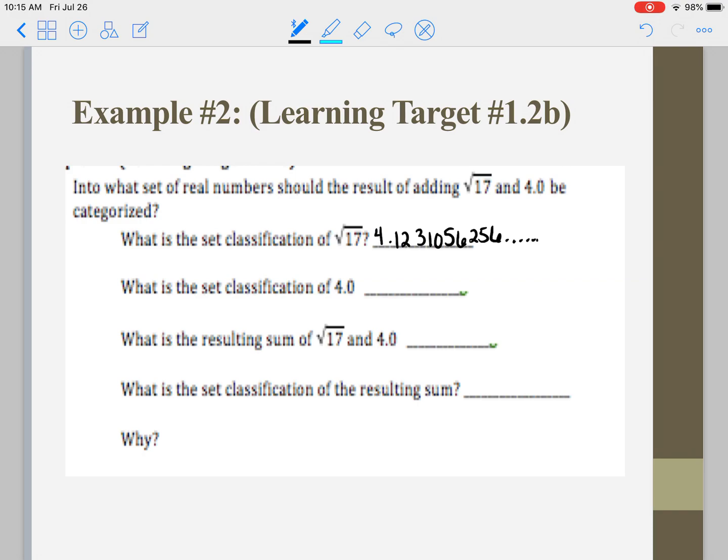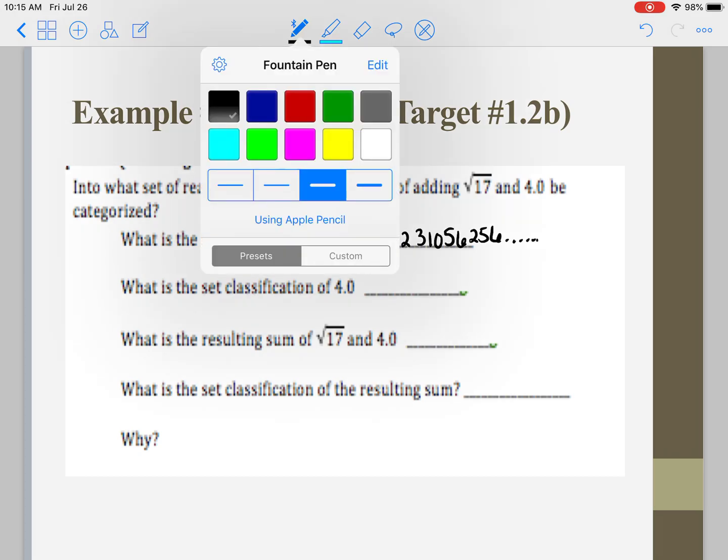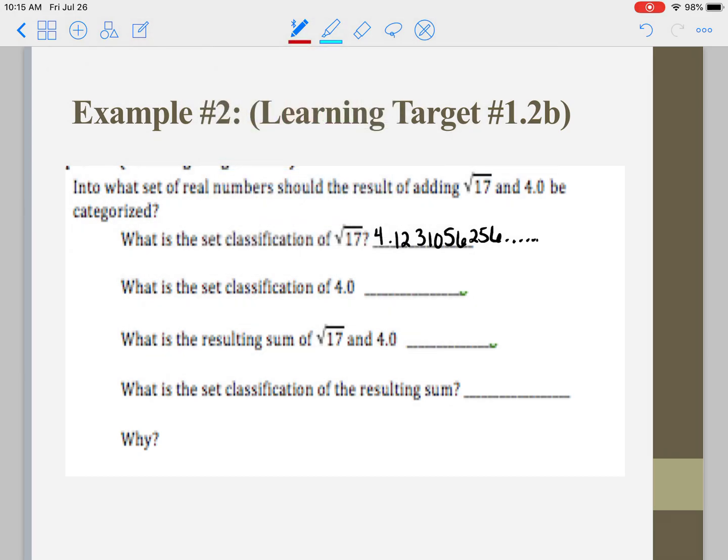So it does not repeat and it does not terminate. That leads us to an irrational number, which in decimal form does not terminate and does not repeat. We can conclude that the set classification for the square root of 17 is irrational.